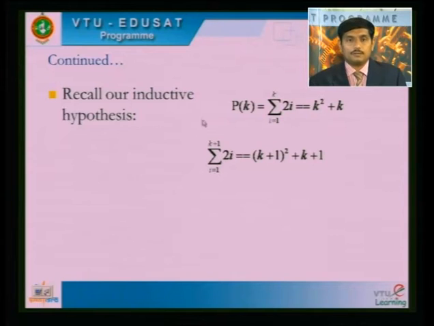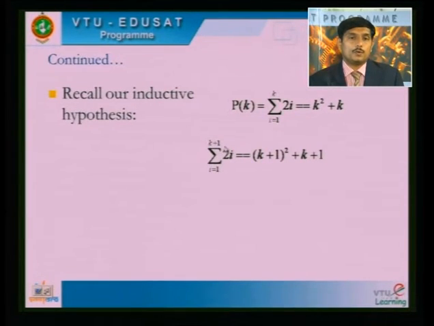Then we start with what is to be proved: the sum of i from 1 to k+1 of 2i is equal to (k+1) squared plus (k+1), where in place of k we have substituted k+1, on the right hand side.